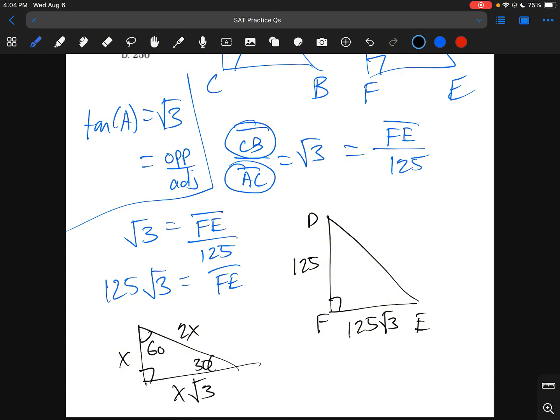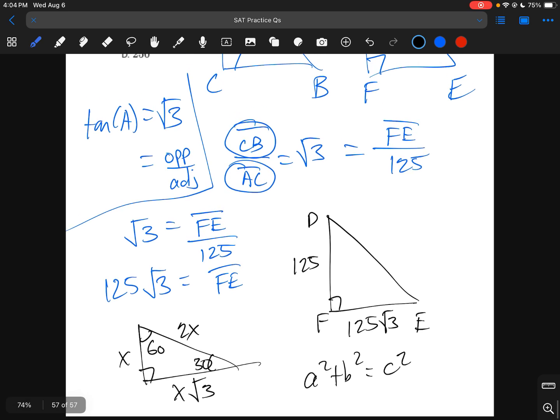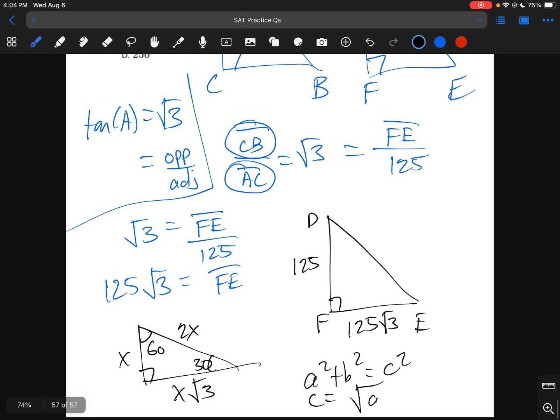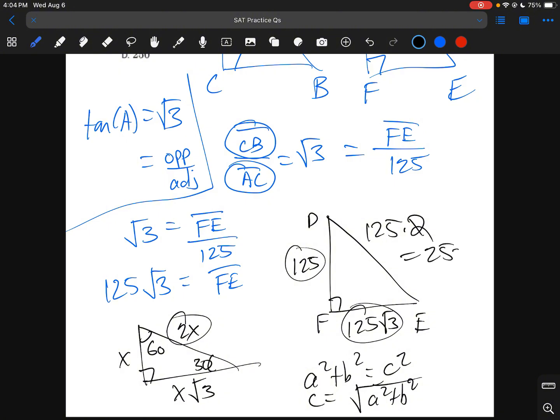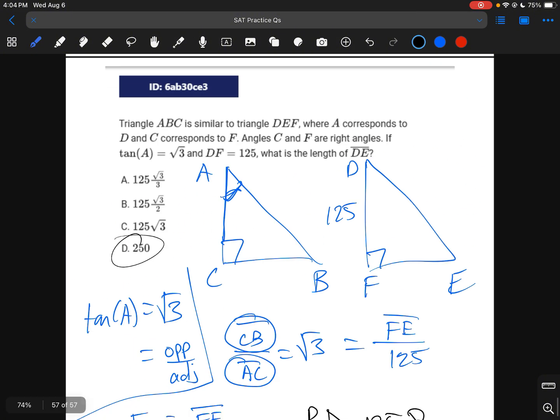So you could use the Pythagorean theorem, a squared plus b squared is equal to c squared, and c is equal to the square root of a squared plus b squared. Or you can use the special triangle and recognize that we have x root 3, and 2x is just 125 times 2. And so that gives you 250, which means the answer is D, 250.